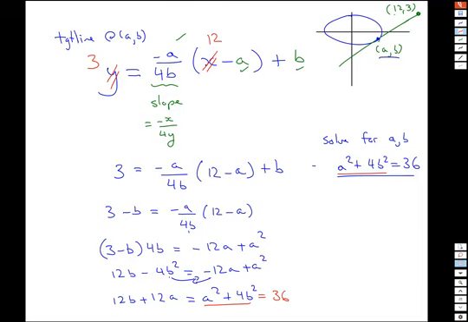Interesting. So we get 12b plus 12a is equal to 36. I'm just scanning. This question is very carefully crafted so that the answer does pop out nicely. And I'm just trying to think where when I've done this previously, we just got a equals something.